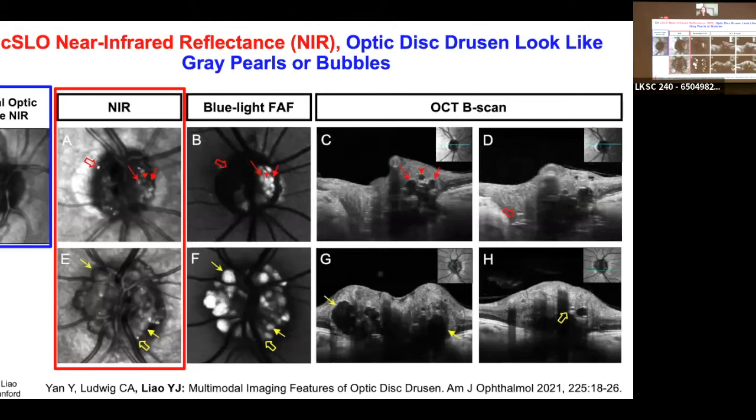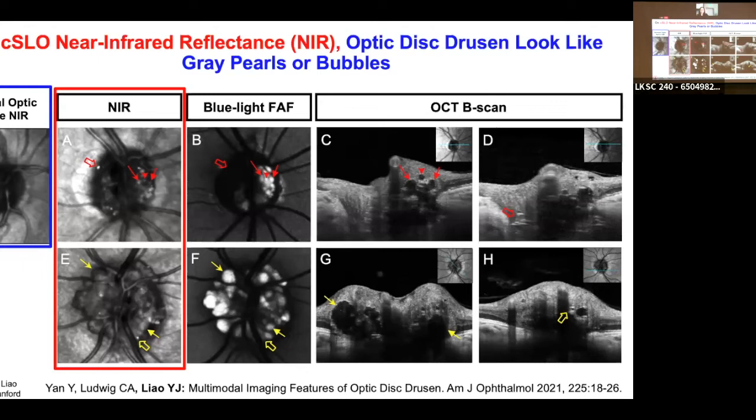This is another image to show you the beauty of the near infrared reflectance imaging. I really have come to appreciate that because it gives me so much more texture than a regular color photo. So you can see the tiny dots on the first row of various brightness, essentially as the light bounces off.